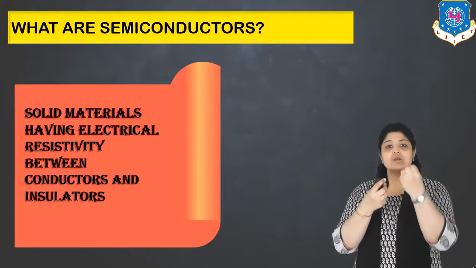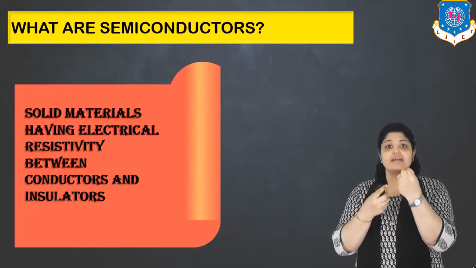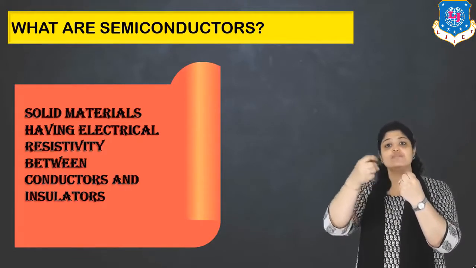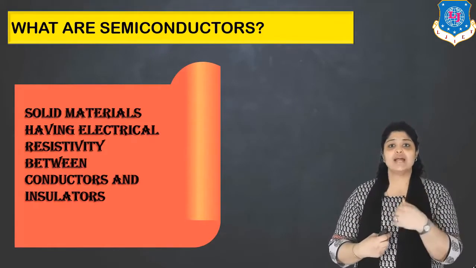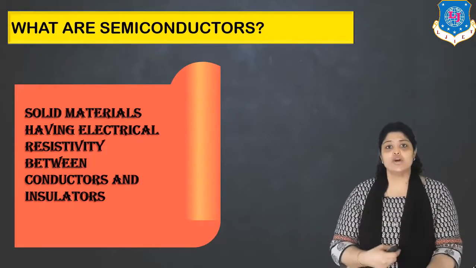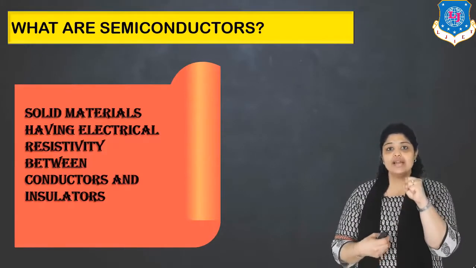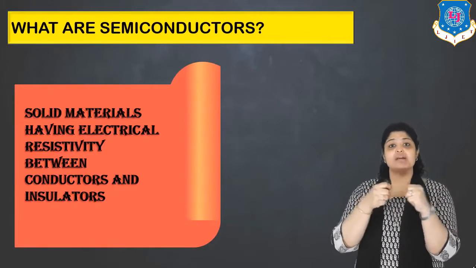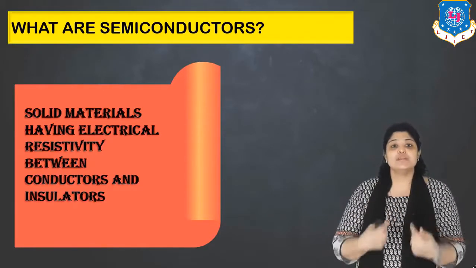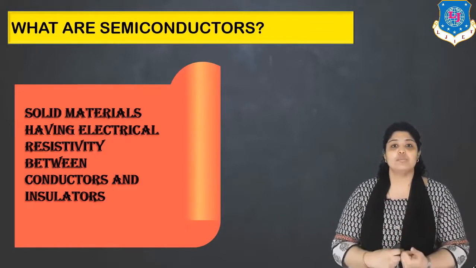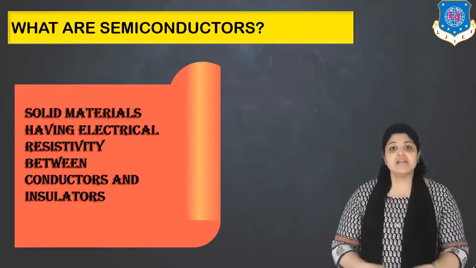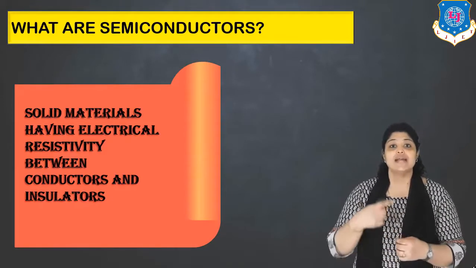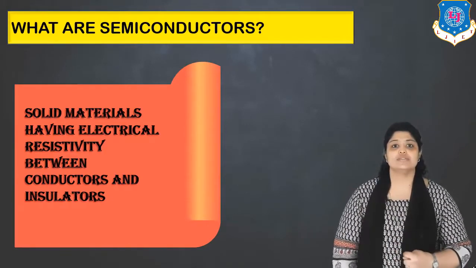The outermost orbit of this atom, that is these 4 electrons, they share with the electrons of the second atom. We know that maximum electrons in any orbit can be 8. So 4 electrons of one atom and 4 electrons of the other atom, they share among each other, and this is what is known as formation of a covalent bond. So basically semiconductors are materials which are formed of covalent bonds, that is sharing of electrons.